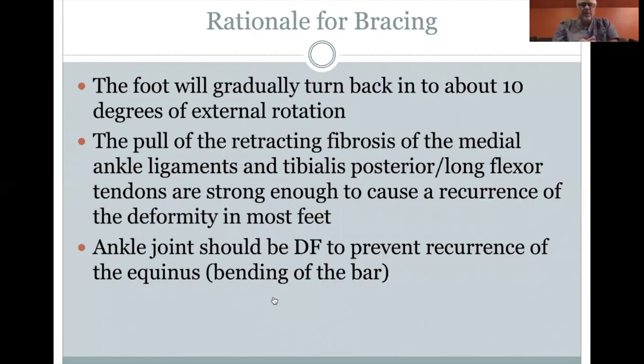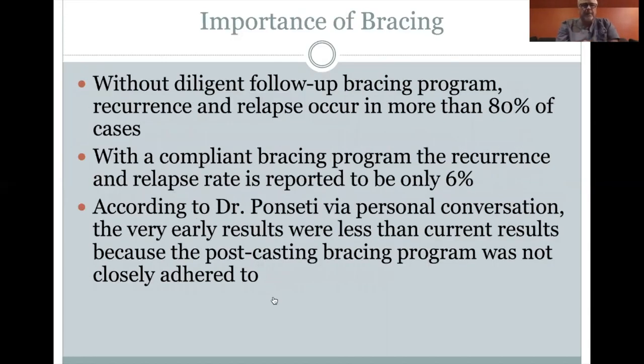The foot will gradually turn back into about 10 degrees of external rotation. The pull of the retracting fibrosis of the medial ankle ligaments, the posterior tib, and long flexor tendons are strong enough to cause recurrence of the deformity in most feet. And the ankle joint, like I said, should be dorsiflexed to prevent recurrence of the equinus, and that's where you should have a bend in the bar.